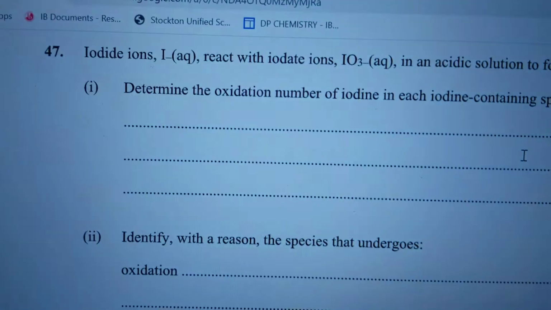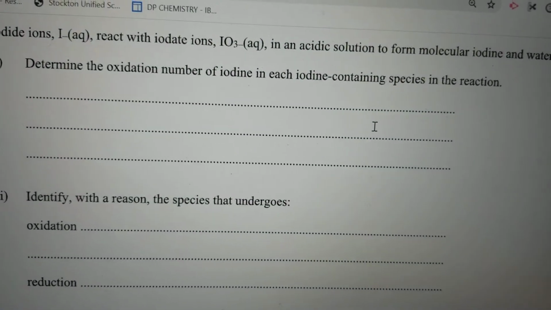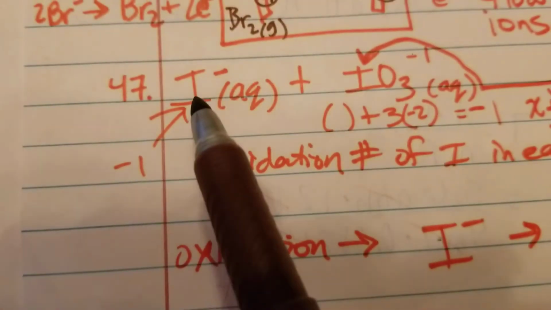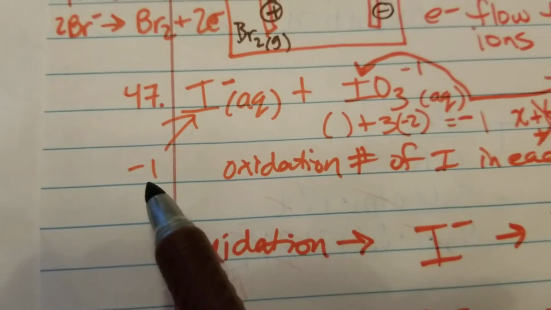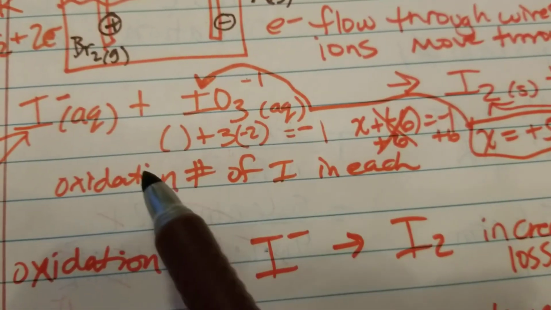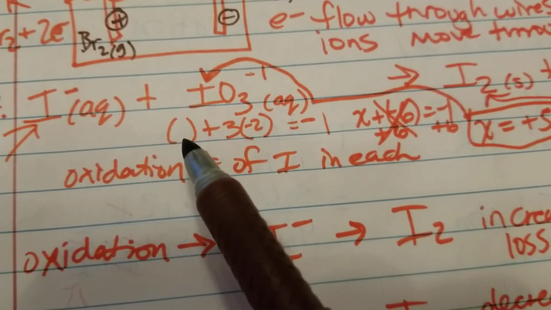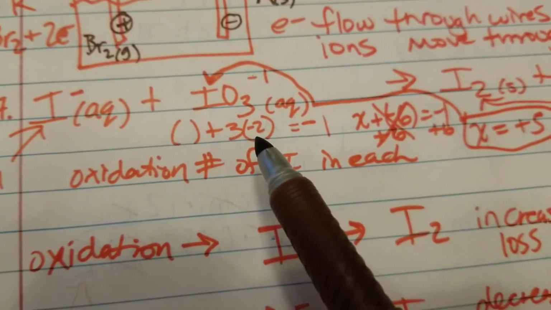Next it says, determine the oxidation number of iodine in each iodine-containing species in this reaction. There are 3 iodine-containing species. There's I-, which is -1. There you go. That's easy. There's IO3 with a -1 charge. So remember in the other videos how I taught you?